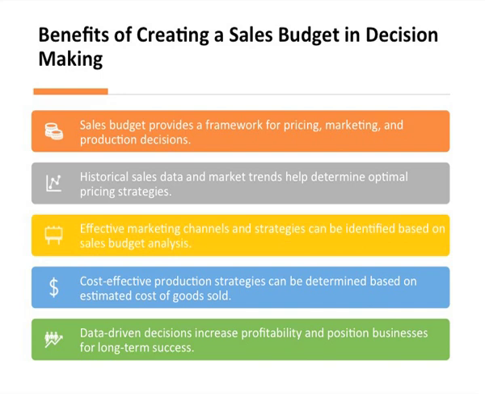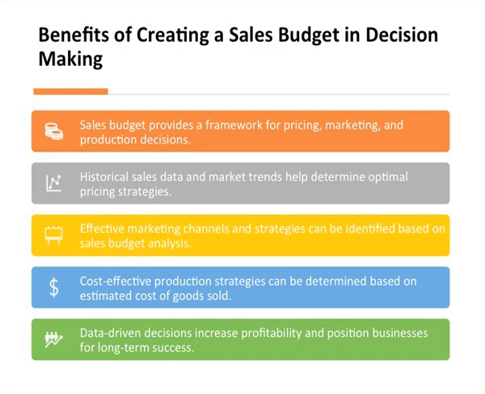By creating a sales budget, businesses can analyze their historical sales data, market trends, and other factors to determine the optimal pricing strategy. Marketing is another critical area where a sales budget can provide valuable guidance. By analyzing historical sales data and market trends, businesses can identify the most effective marketing channels and strategies.